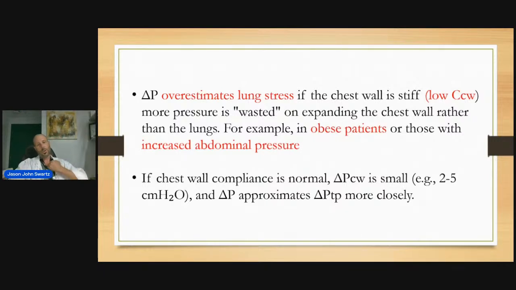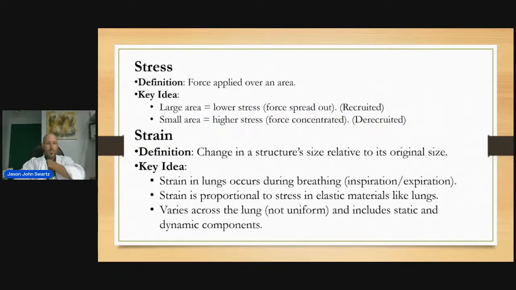If the chest wall compliance is normal, then again, we're talking about how the transpulmonary pressures and the delta P's correlate. So, a quick reminder. When we're talking about the stress and strain of the lung, the stress is the force applied over a certain area.